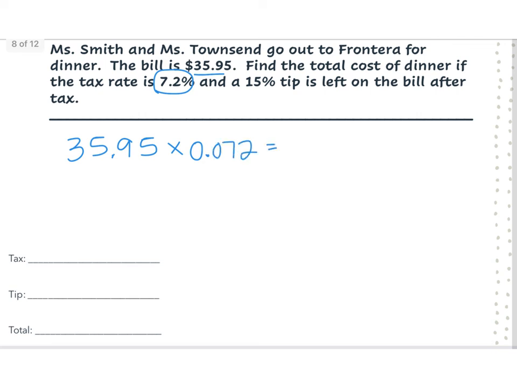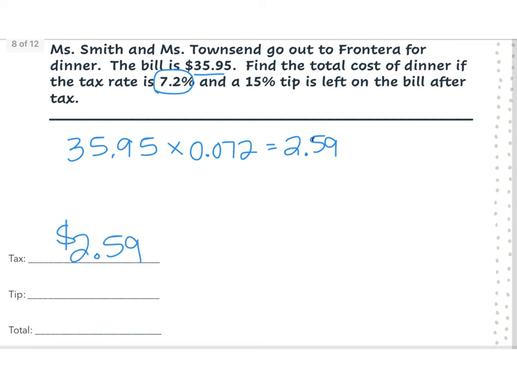So when you multiply that, you get 2.5884. We're talking about money here though, so we're going to take a look at our thousands place, which tells us to round this up to $2.59. So $2.59 is going to be how much our tax is going to be.